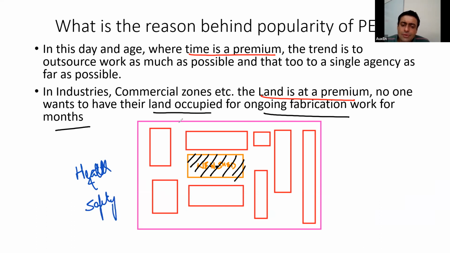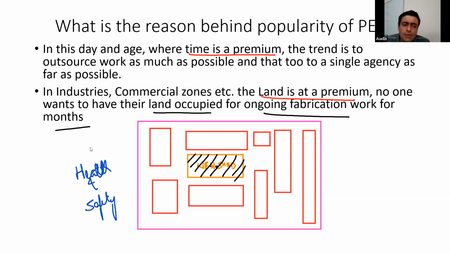Nobody allows you to carry on with welding on site, because welding may lead to fire incidents. There are a lot of safety precautions that you have to take. So overall, what I'm trying to say is that doing work inside an industry for a very long period of time has become very difficult. And no industry allows you to do that.